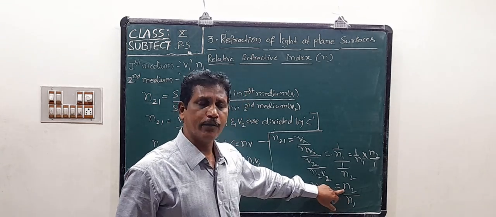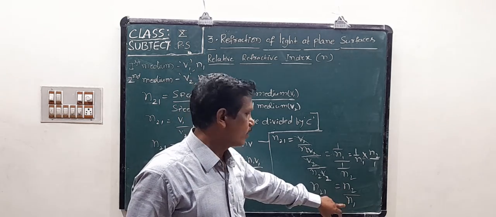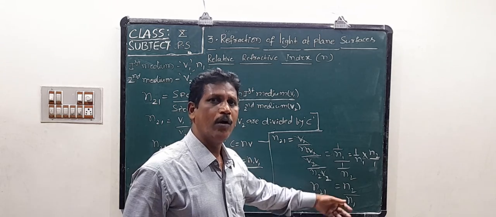N2 is the refractive index of the second medium. N1 is the refractive index of the first medium.